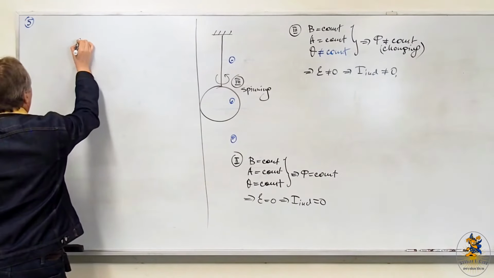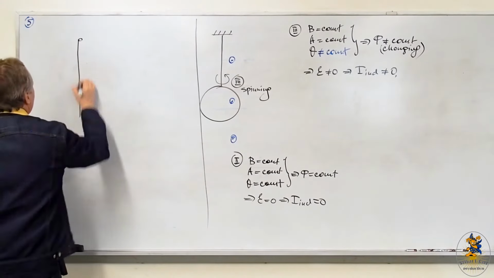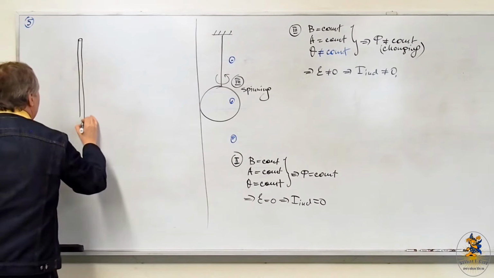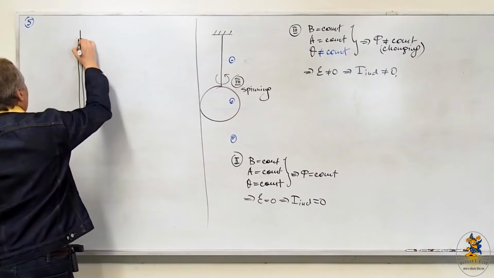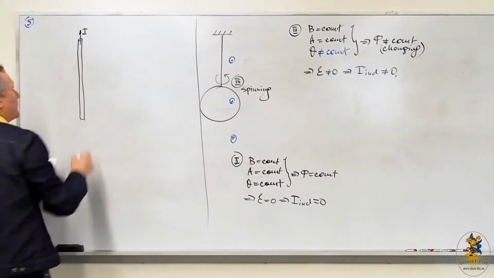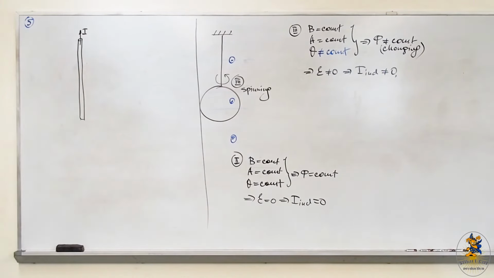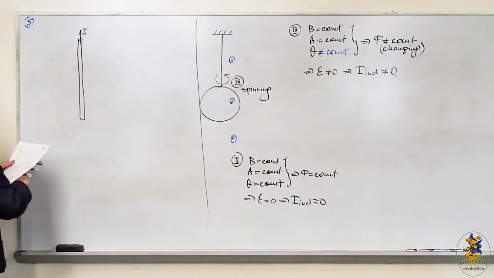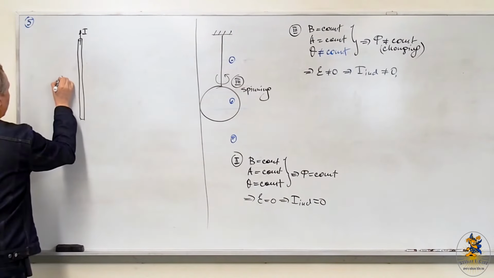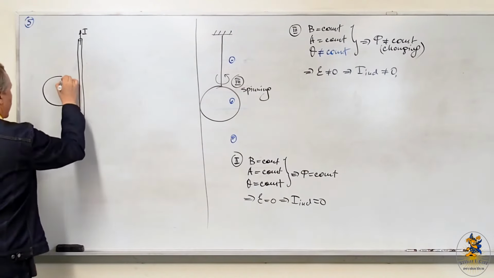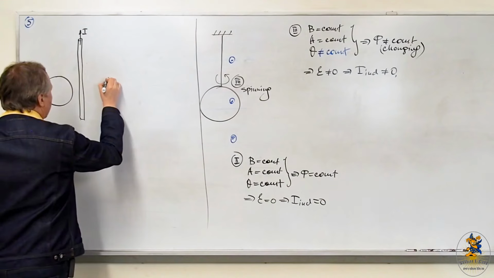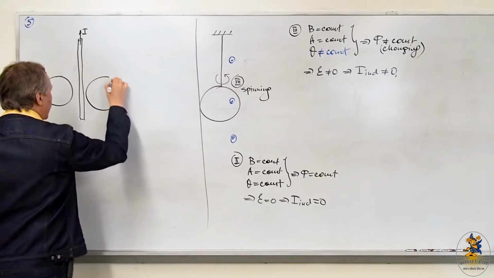Let's assume that we have an infinitely long straight wire, current I up. I think something like this was in one of our clicker questions. And we have two loops. One loop is over here, of course a conducting loop, and the second conducting loop is going to be over here.